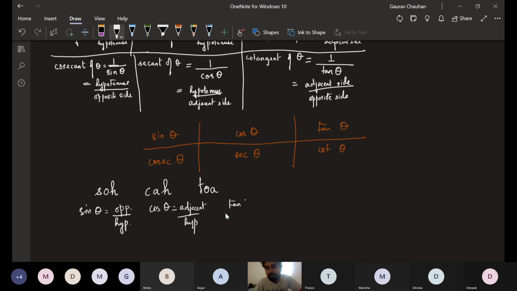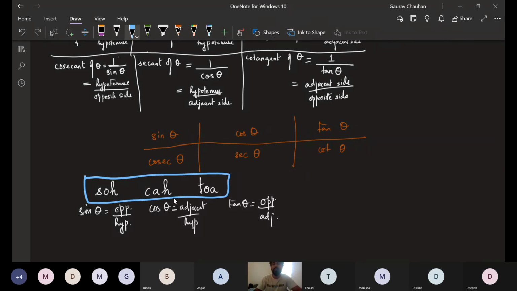Tan theta is equal to opposite by adjacent. Guys, how does this mnemonic sound? Is it clear what this is doing? This is just a trick for you to remember the formula.